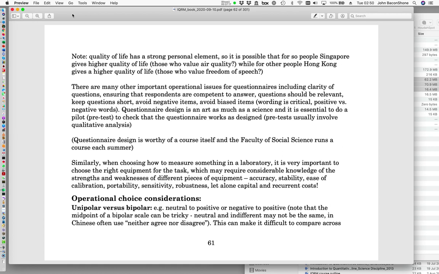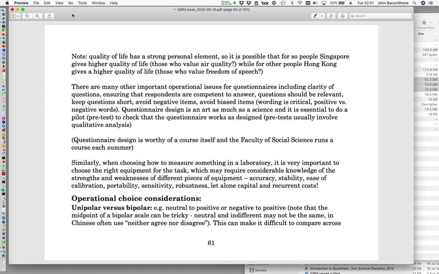So if you put something like indifferent or neutral, are those really the midpoint on the scale? Ironically, in Chinese, this is often a bit easier because you often would put neither agree nor disagree. And some people may feel that that's an appropriate way to label my response on that scale.